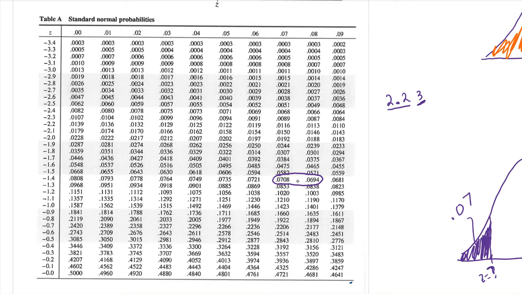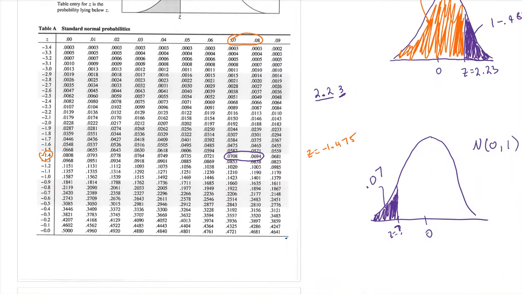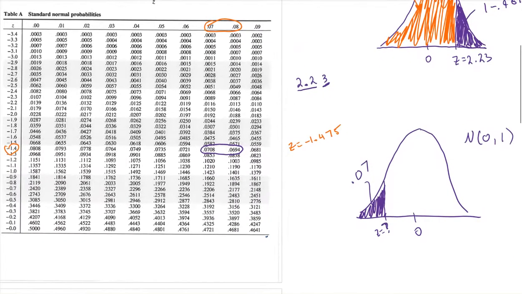So depending on what your teacher wants, you might take your row to be negative 1.4, and the columns, which are here, your teacher might tell you to just take a z-score value of negative 1.47, negative 1.48, or what I tell people sometimes is split the difference, negative 1.475. So something along these lines. Your teacher will tell you how they want you to round that. But this is how I could figure out what z-score corresponds to that area.